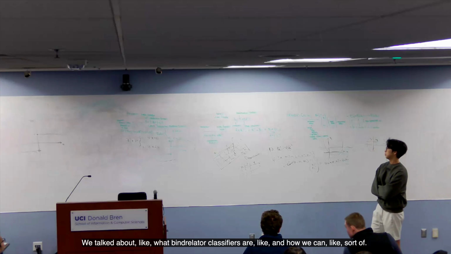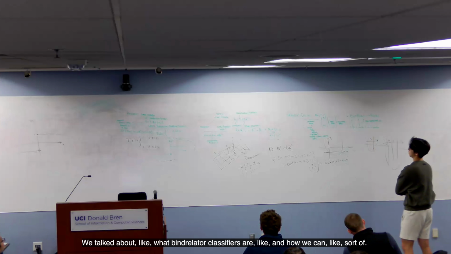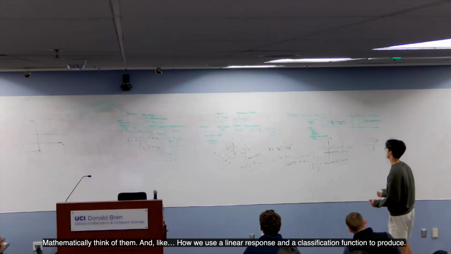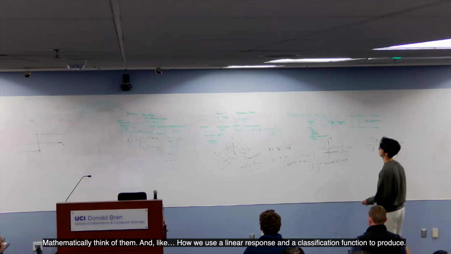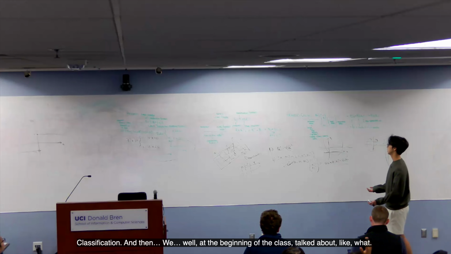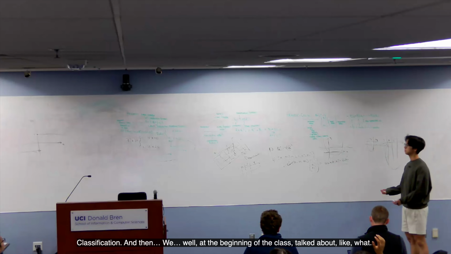To briefly recap what we've gone through, we talked about what binary linear classifiers are and how we can mathematically think of them, and how we use a linear response and a classification function to produce classification.